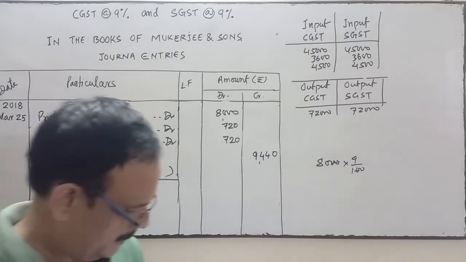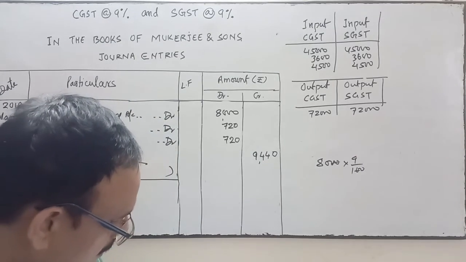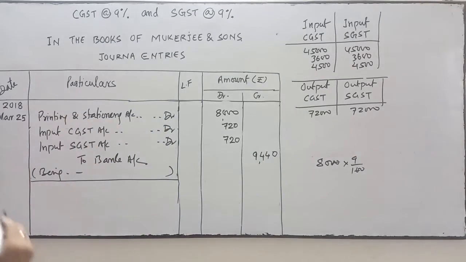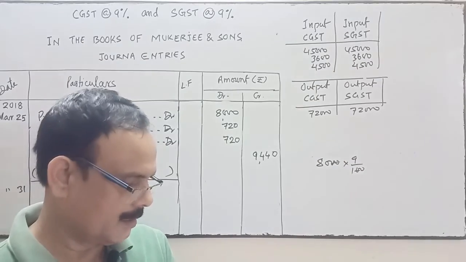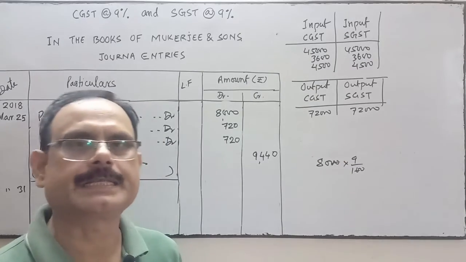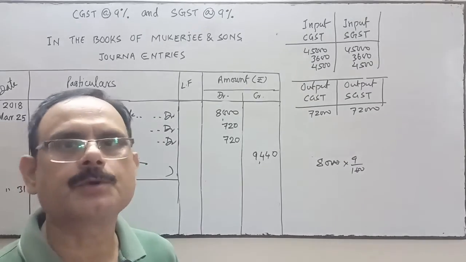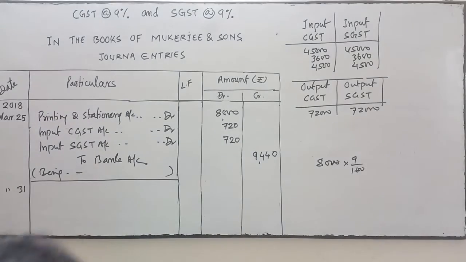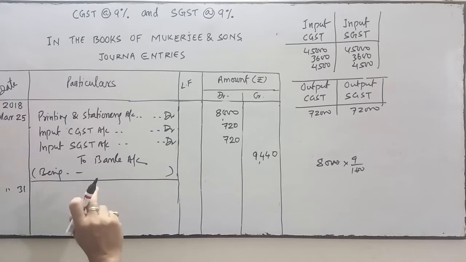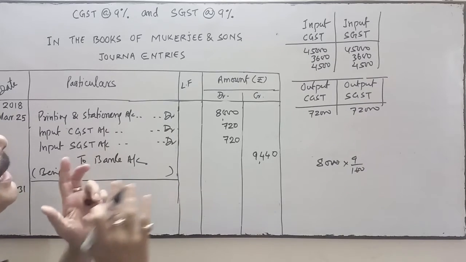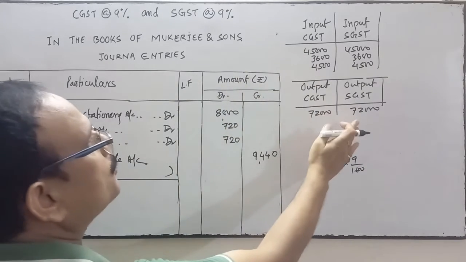The last one is on 31st March. This is very important. Payment made of balance amount of GST. Now we'll do the payment of the balance amount of GST. So first of all, we see how much GST we have, input GST and output GST.